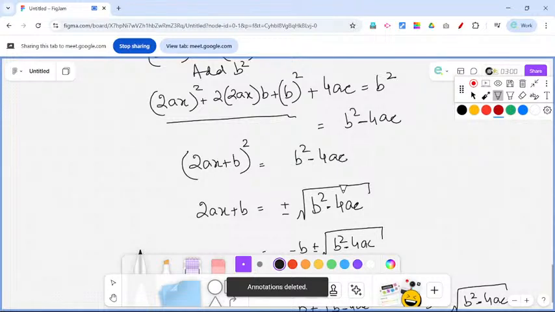Now 2ax + b, अब b को भी यहां लाएंगे हम, so ये हो जाएगा नेगेटिव b, और x क्या हो जाएगा, डिवाइडेड बाई 2a। इस इक्वेशन को व्हेन यू सॉल्व इट, योर x विल बी माइनस b प्लस माइनस square root of b² minus 4ac divided by 2a.